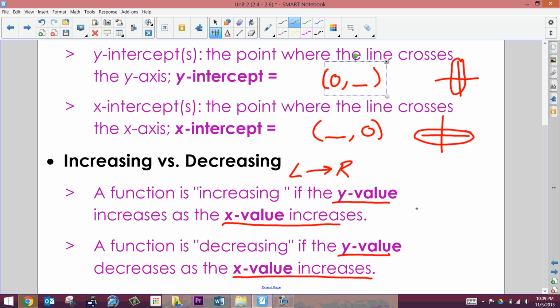If it's going from left to right and it's going up, that is an increasing function. And if you're going from left to right and the function's going down, we would have that as a decreasing function.